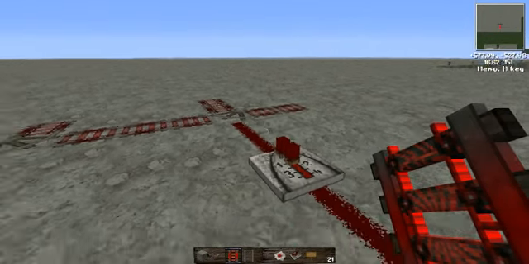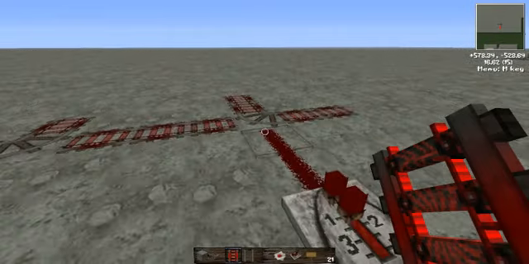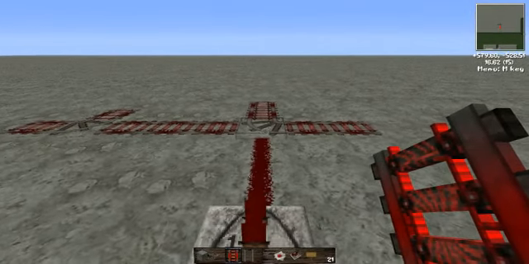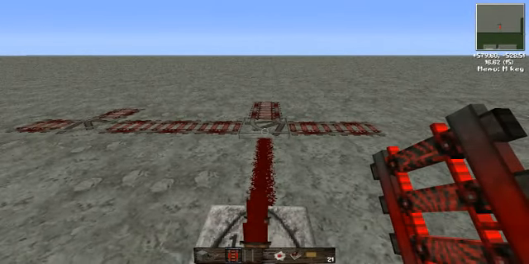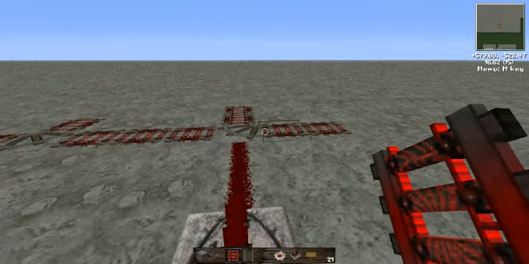See, for some odd apparent reason with the way the rail systems are made, if you're facing north when you're placing the rails, it always wants to face to the east.